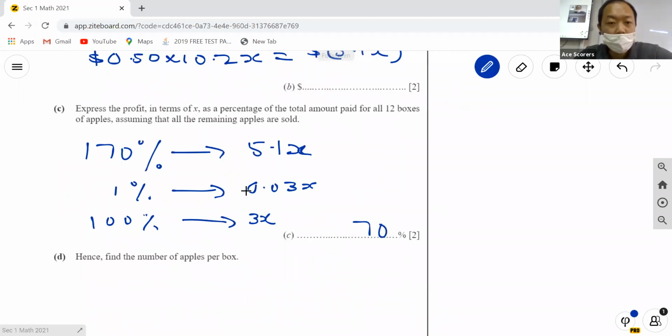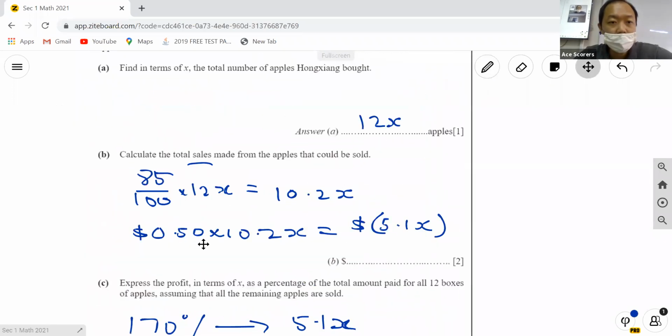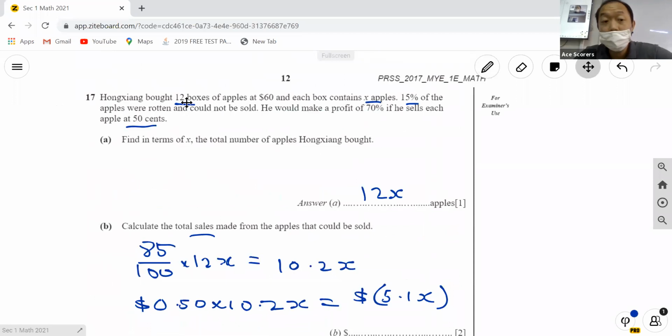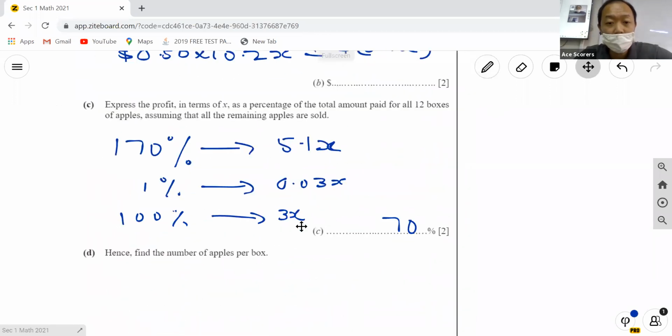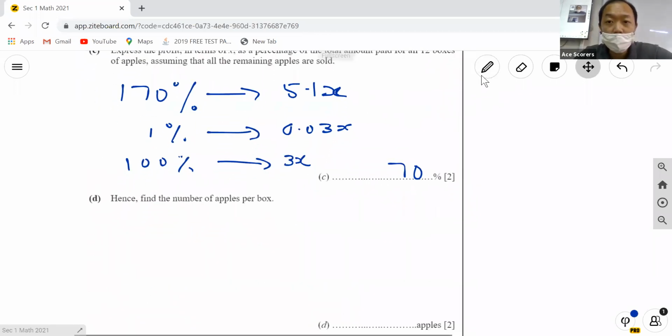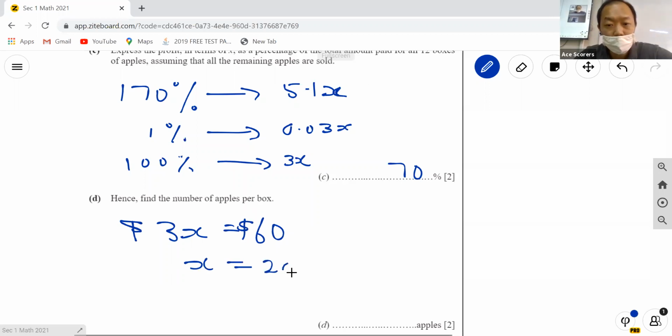But what we want here is this: he spent a total of $60 to buy 12 boxes, and we found that he paid 3x. So 3x is equal to $60, and our x is equal to 20.